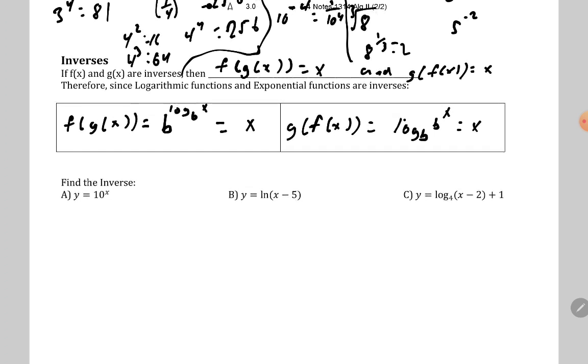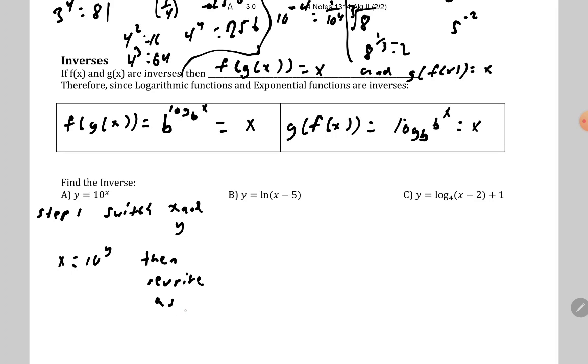Alright. Find the inverse. So remember, when finding the inverse, step 1, if you don't remember, switch x and y. So x equals 10 to the y. Then rewrite as log.